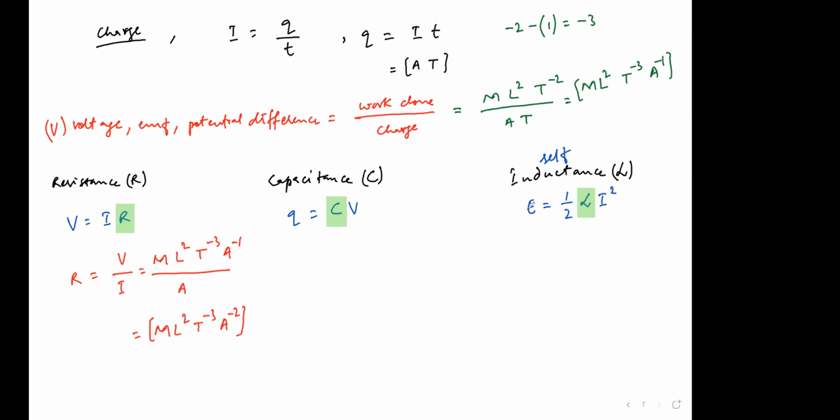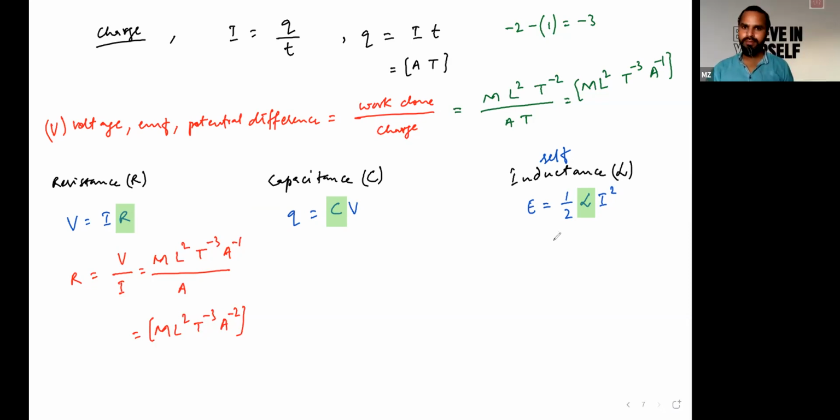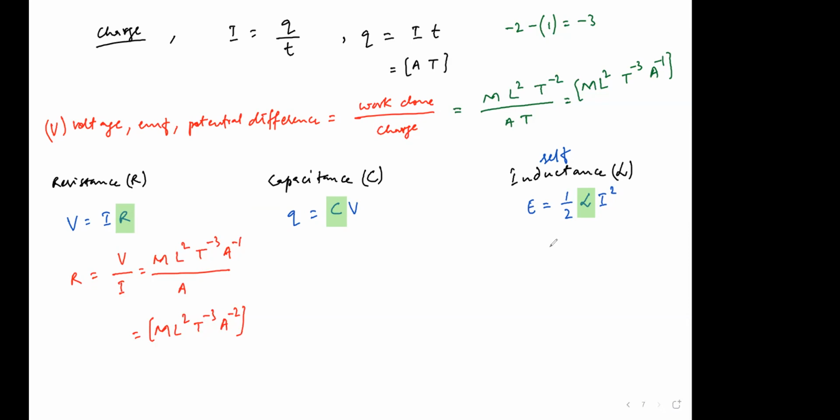So we should leave that 1 by 2, right? 1 by 2 is nothing but a real number, which should be counted as dimensionless.